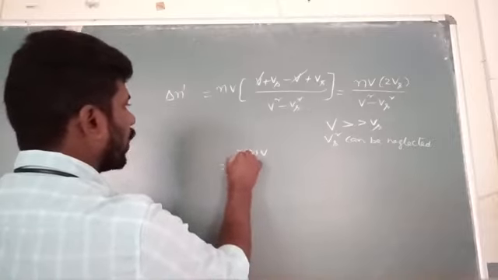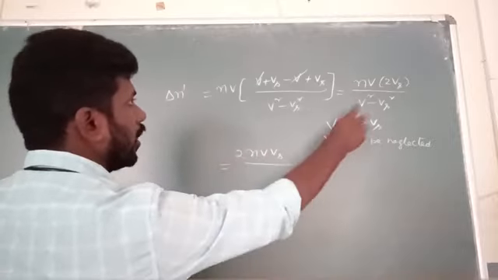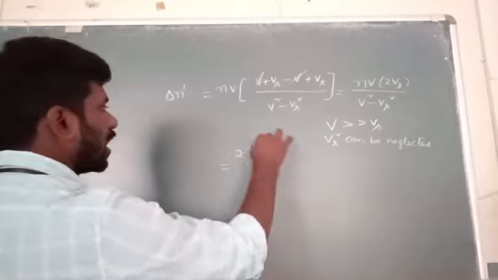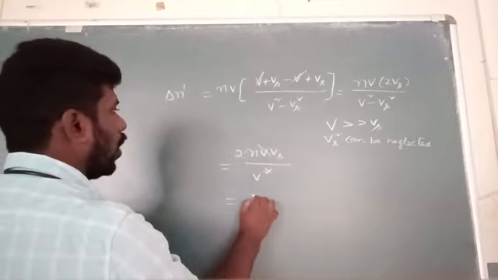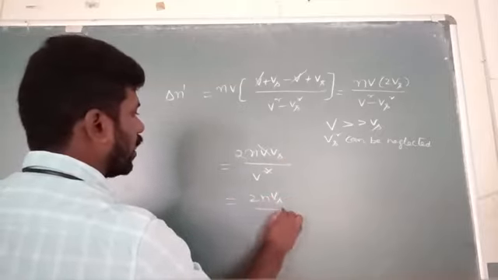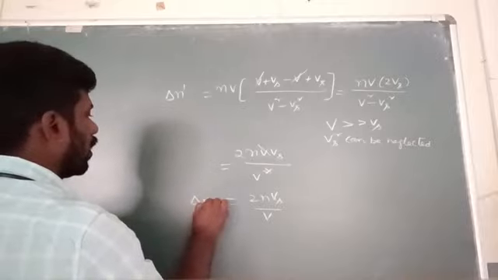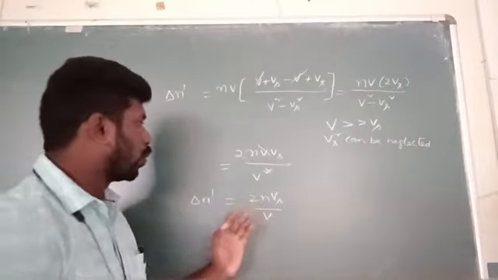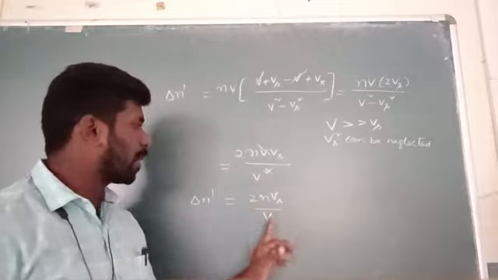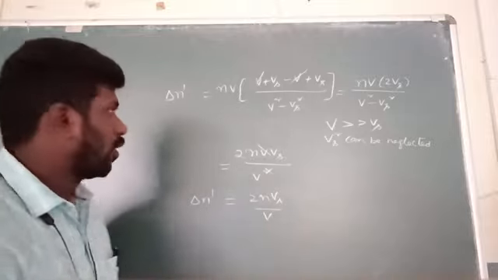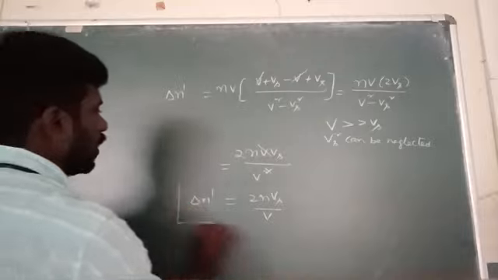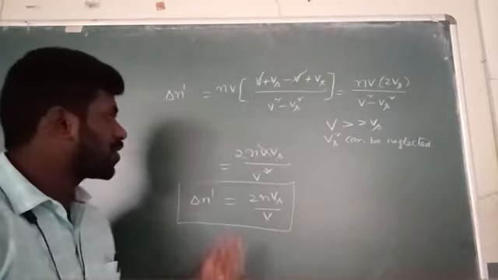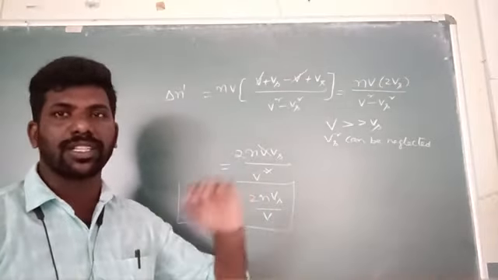Then n into 2 v into vs by v square, in this condition v and v square get cancelled, giving 2n vs by v. So delta n dash is equal to 2n into vs by v. Okay, do you understand? This is the condition for a source crossing the stationary observer.